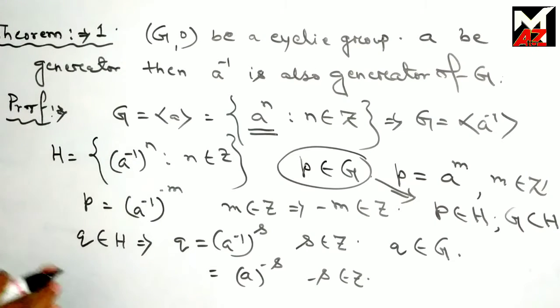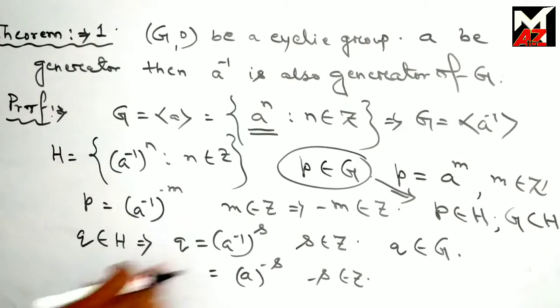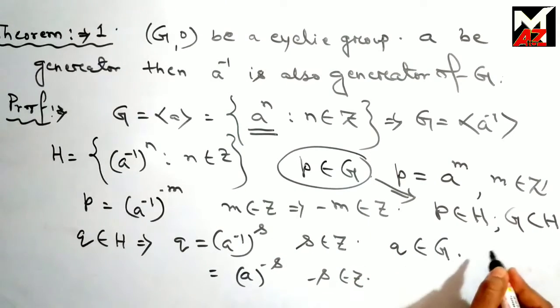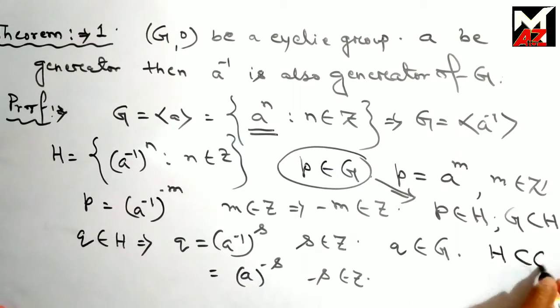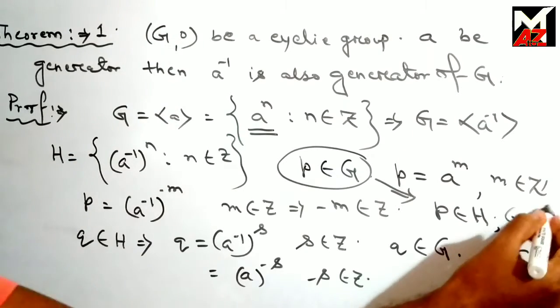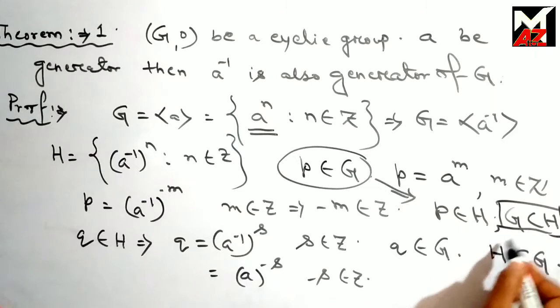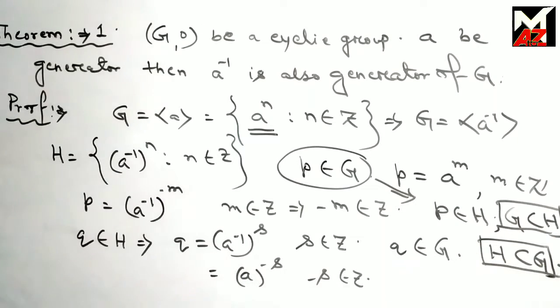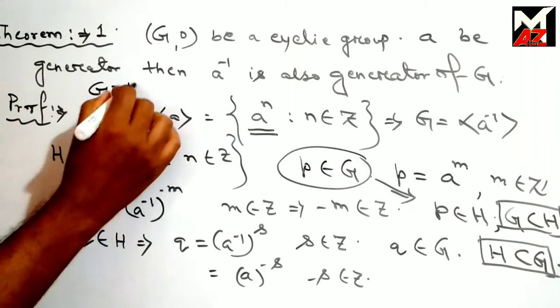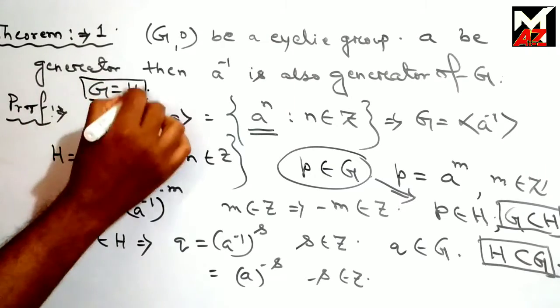Now here we start from Q belongs to H and we arrive at Q belongs to G. So we can write H is a subset of G. So from this and this we say that G and H are equal.